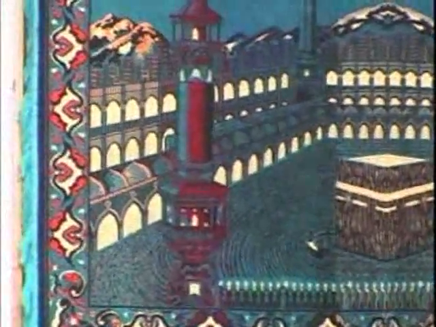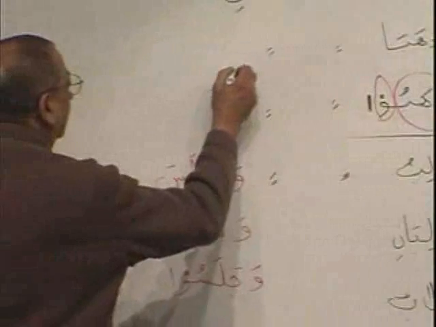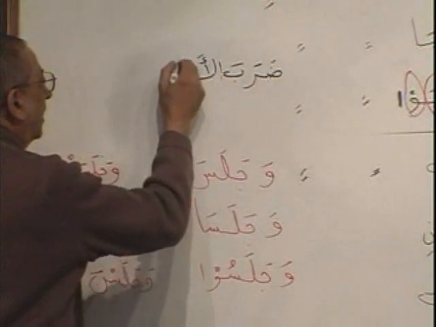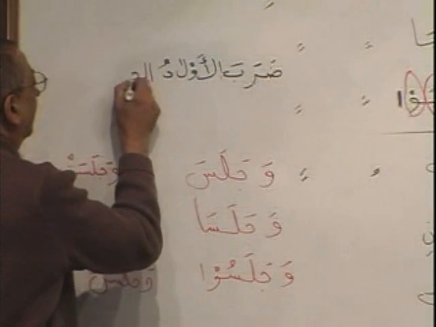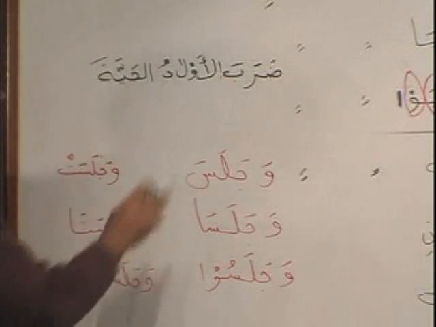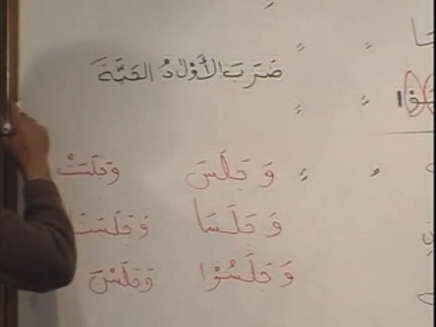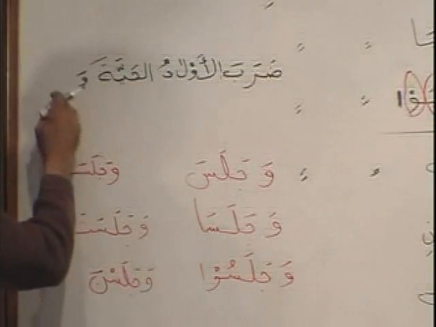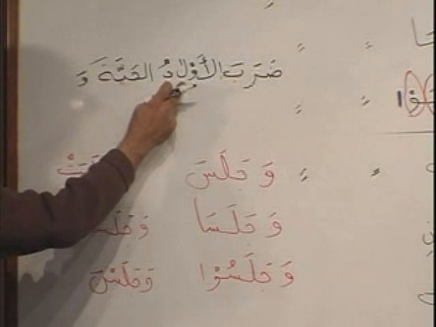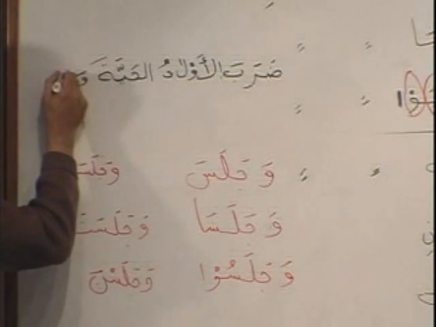You want me to write it? Or you are okay? Inshallah I will write it. Brothers and sisters? Darabal awladu al-hayyata wa. Now I have to use a verb which matches awladu.